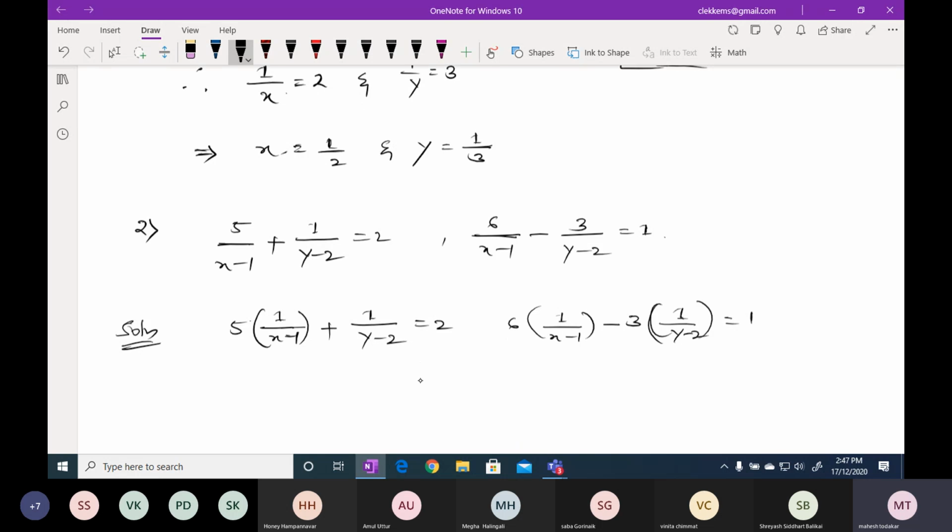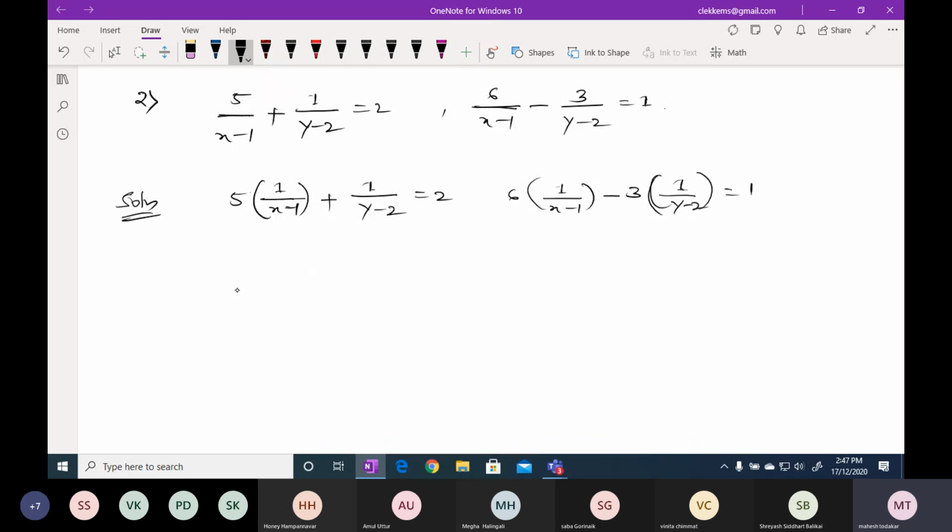So next step you know it very well. Let 1 by x minus 1 be equal to a and 1 by y minus 2 be equal to b. Okay. Now once you have taken this much, you can substitute these values here.